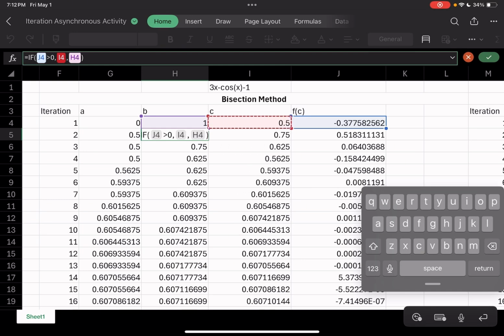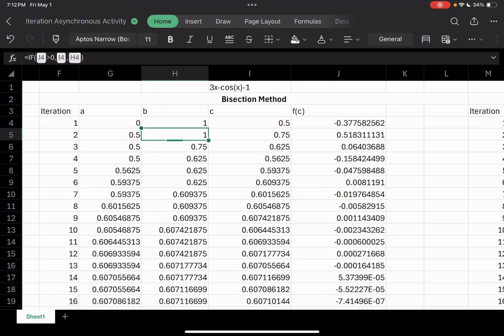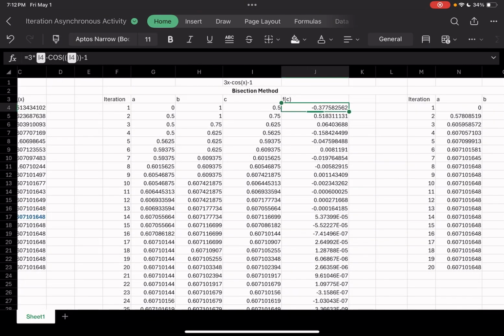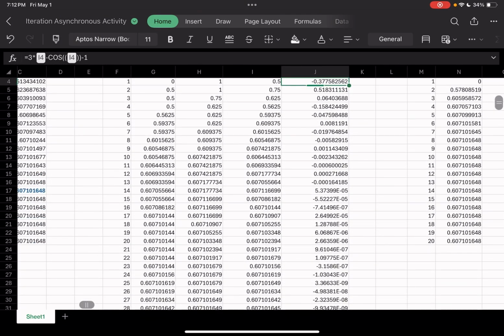And since it is false, our value of B right here should be 1, which is correct. Now, for C, we don't have to apply a condition since the value of C will be the midpoint from 0.5 and 1. So just simply drag the equation applied in our first iteration. The same goes for the f of C. Now just simply drag that all the way down.